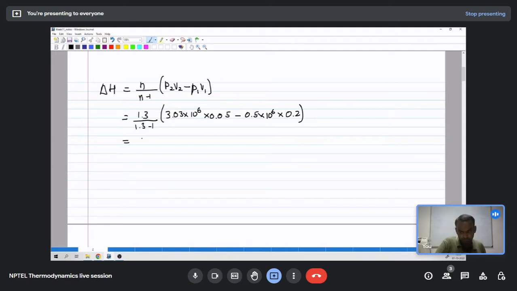So this is 223.17 into 10 power 3 joules, or this is 223.2 kilojoules.